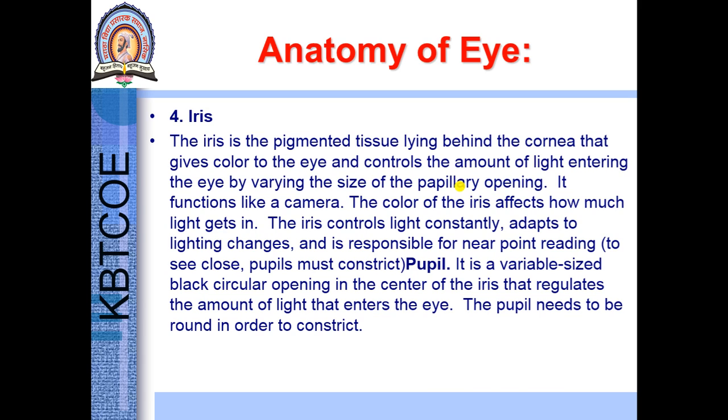The light enters the eye through the pupil and the pupil is surrounded by the iris. So the pupil is a variable size black circular opening in the center of the iris. Through the pupil the light enters, and the iris is the pigmented tissue surrounding the pupil, which controls the amount of light entering the eye by contracting the pupil.